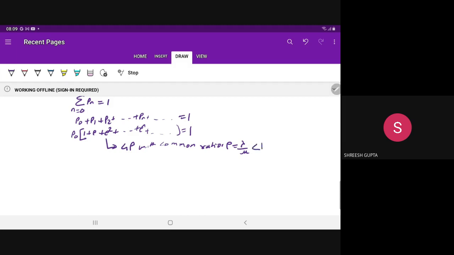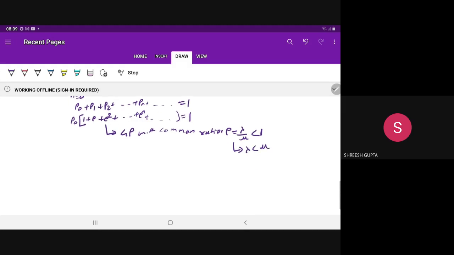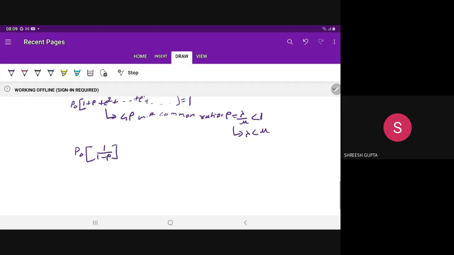So rho is less than 1, since lambda is less than mu. Since this is an infinite geometric series, the sum is 1 upon 1 minus rho, and P naught times this is equal to 1. This gives P naught equal to 1 minus rho.